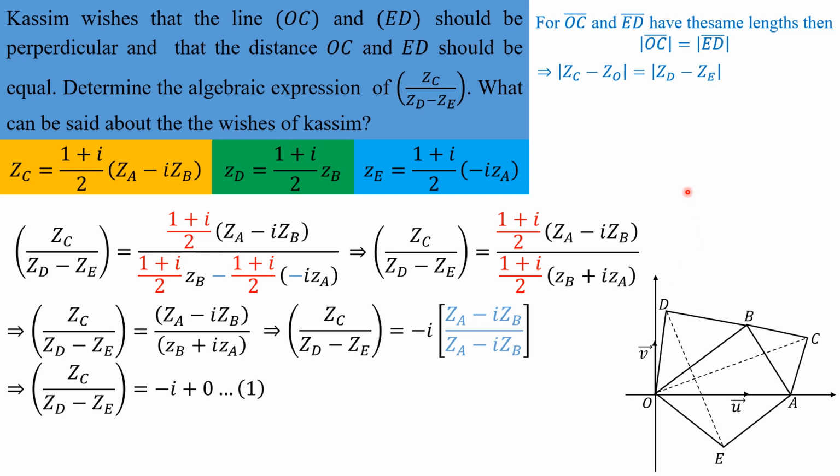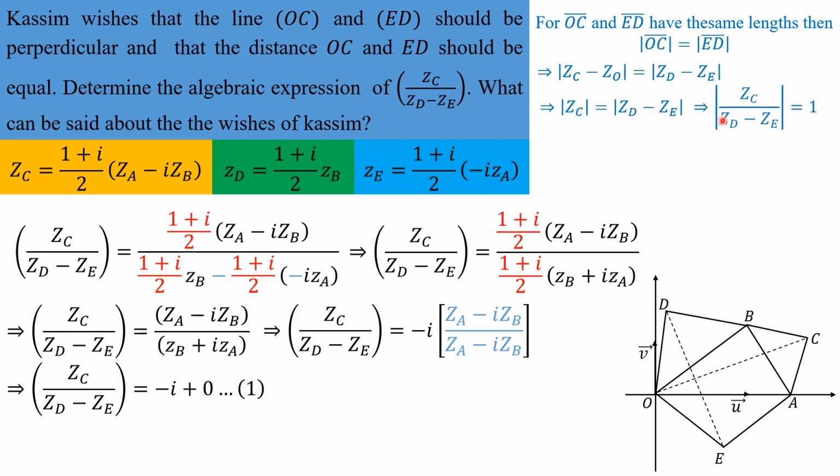Since we're in the complex plane, we are going to represent OC not as C minus O, but we use their affixes. So we have ZC minus ZO to be equal to ED, which is normally D minus E, but we are going to use ZD minus ZE because we are using complex coordinates. Alright, since ZO is 0, then we just have the modulus of ZC equal to the modulus of ZD minus ZE.